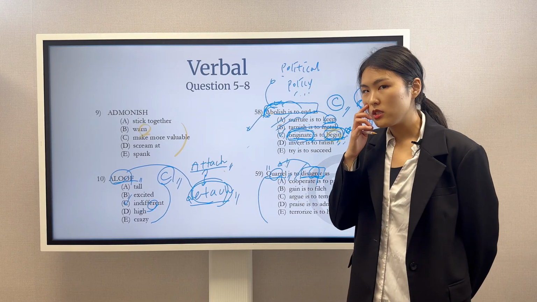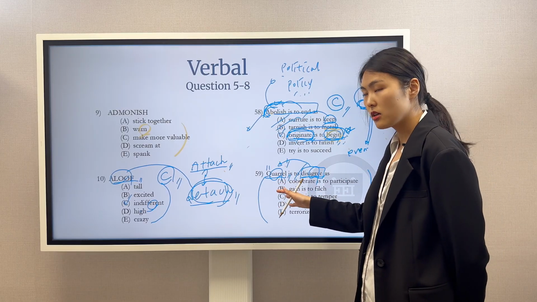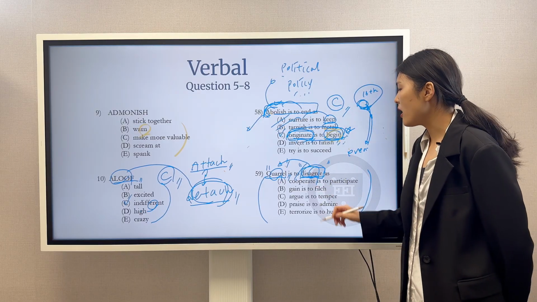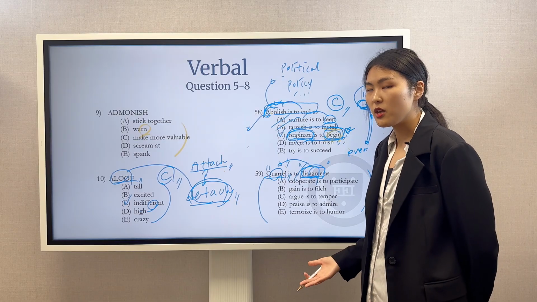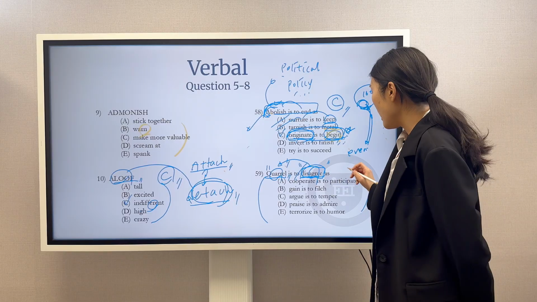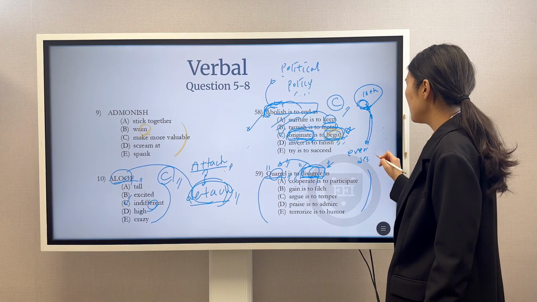Because when someone quarrels with another, the reason behind the quarrel is often that they disagree over something important to them. So they quarrel.